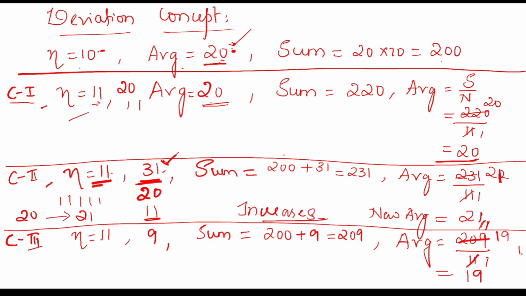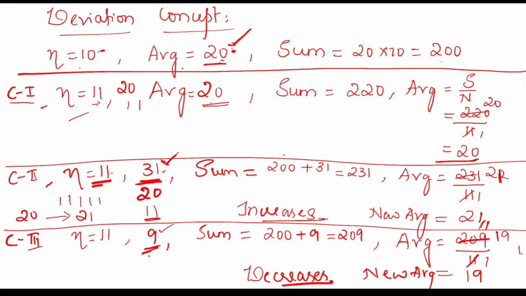This shows that if the new person who is coming brings something less than the old average, it can be weight, age, sweets, anything, then the new average always decreases. How is that?